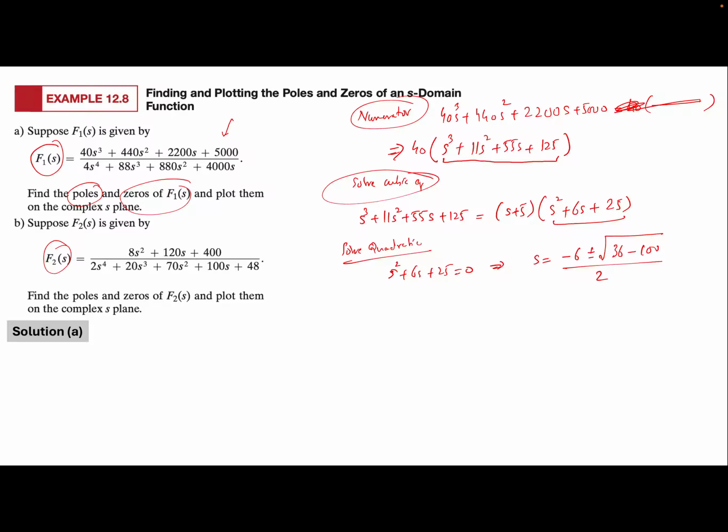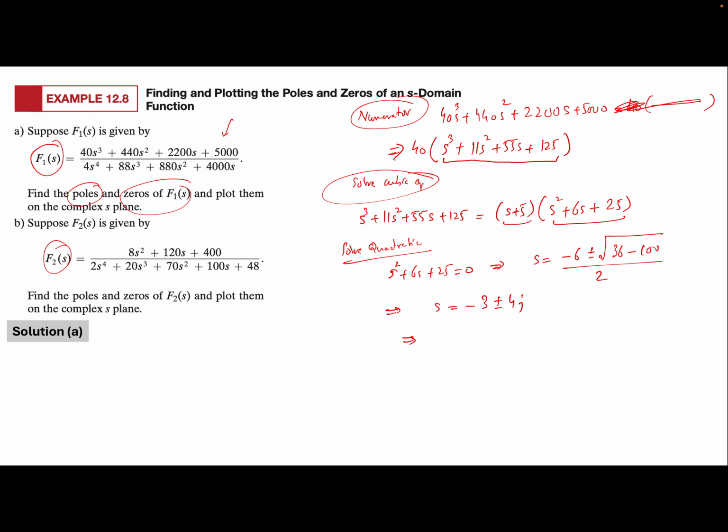Of course, 36 minus 100 is minus 64, so you're going to get imaginary roots. The two roots of s come out to be minus 3 plus or minus 4j.